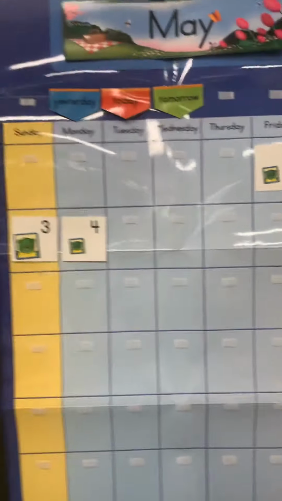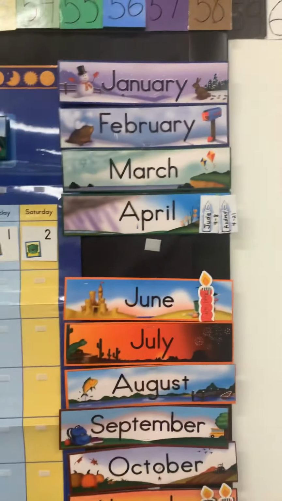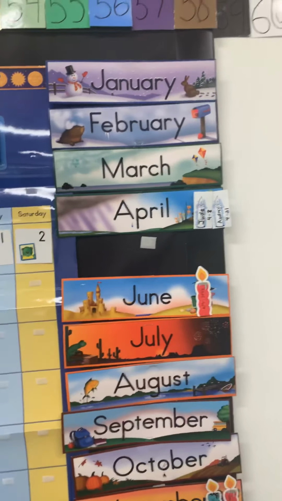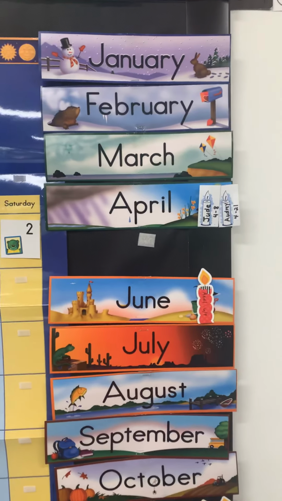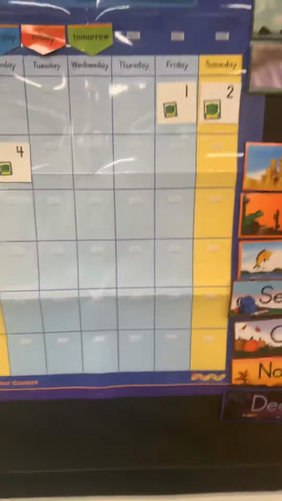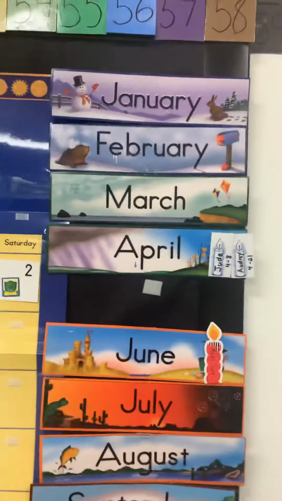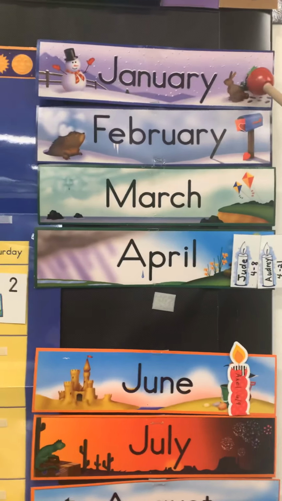So let's go ahead and get started on our math for today. All right, so class, let's start with our months. How many months are there in the year? Okay, I bet you said there were 12, didn't you? Okay, so I've got my numbers, my pointer stick here. Let's say I'm ready, begin.